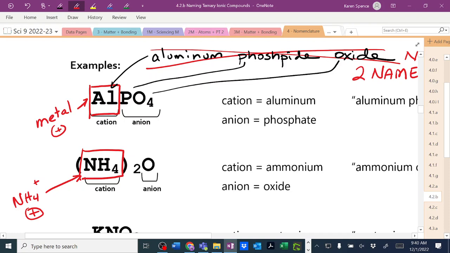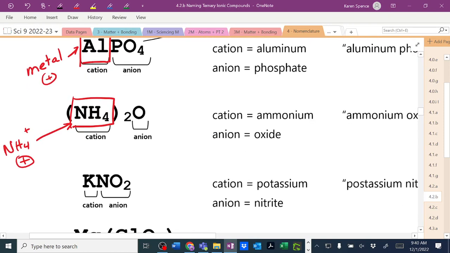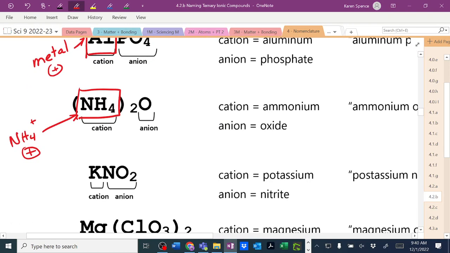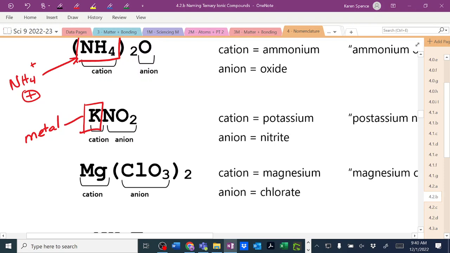If it's not metal and it's not NH4, then you probably have a covalent compound, a molecular compound. So if we look at KNO2, potassium is the metal. So that's your cation. Magnesium is the metal. So that's your cation.